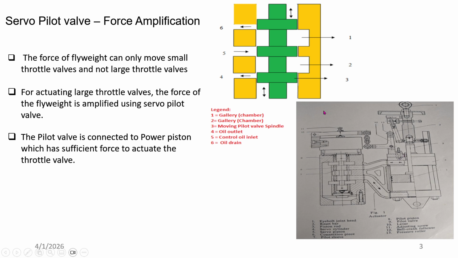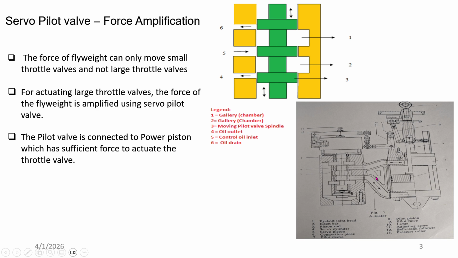The function of the pilot piston is that when pressure oil is coming and everything is normal, nothing will go to this port. The inlet oil is blocked here and here, and no oil will go.